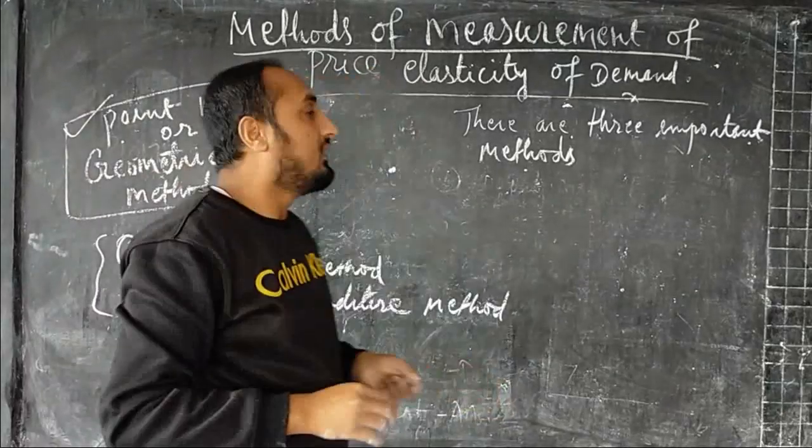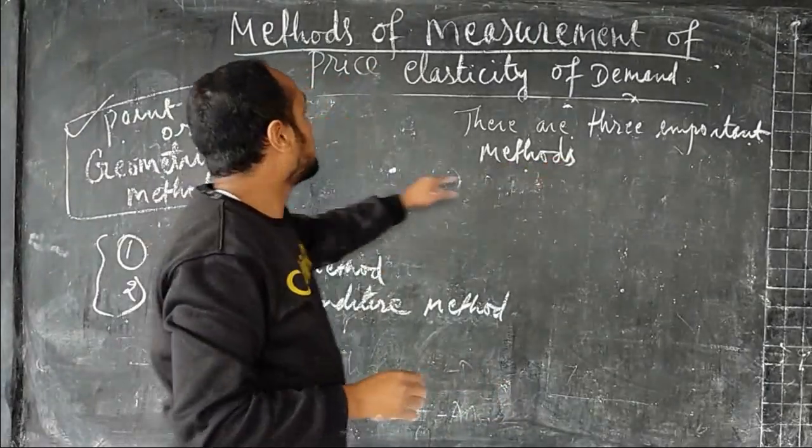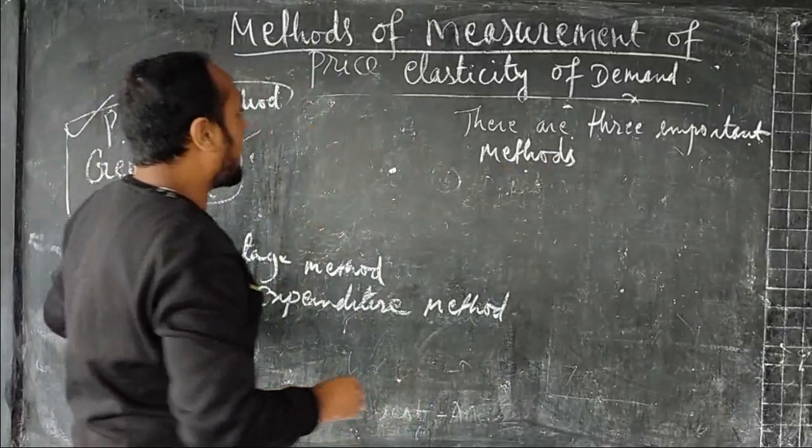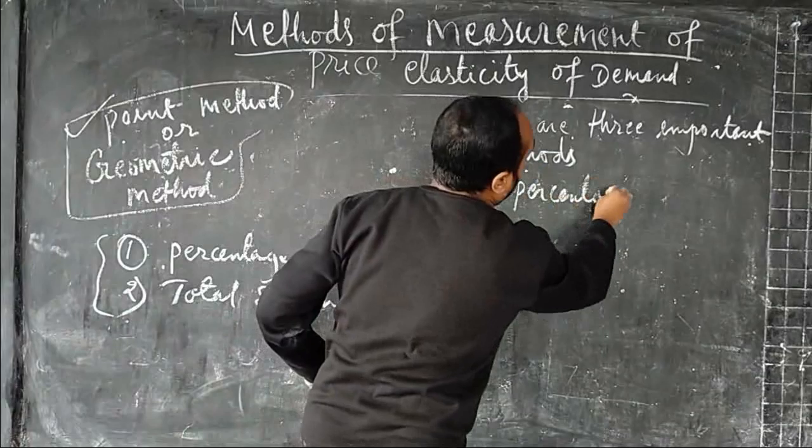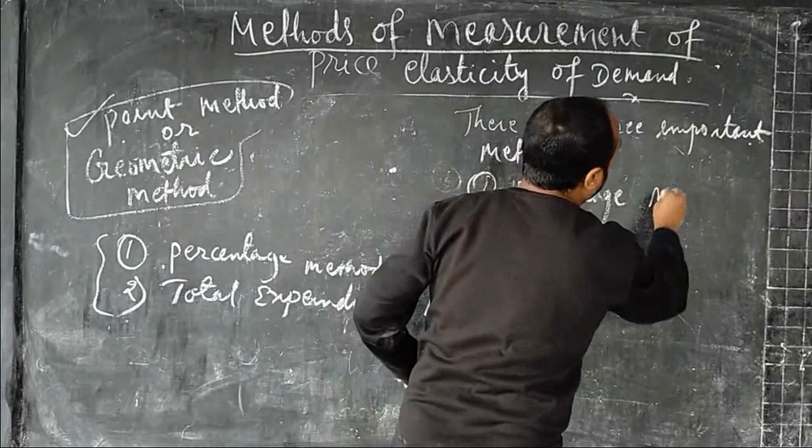So here we have three important methods to measure the price elasticity of demand. Number one, we have percentage method.